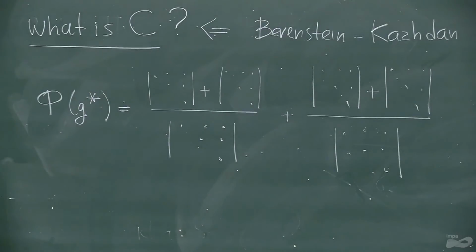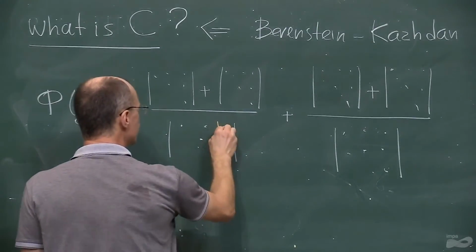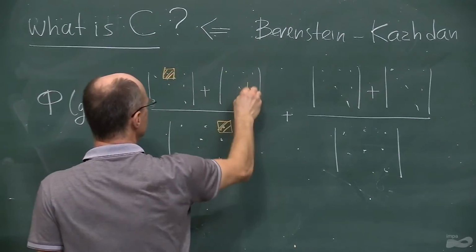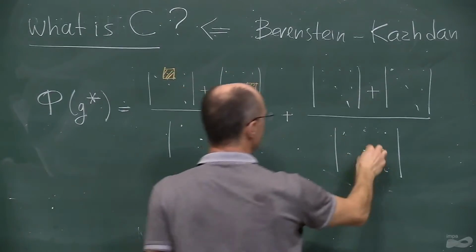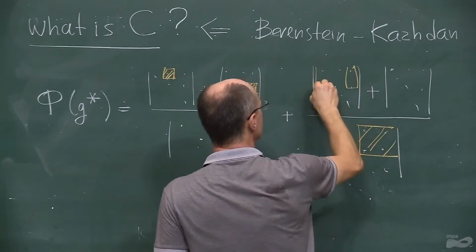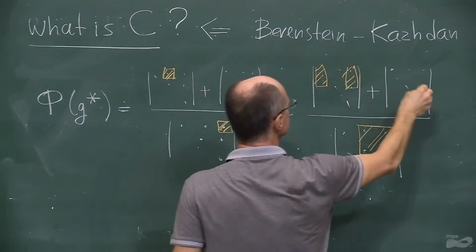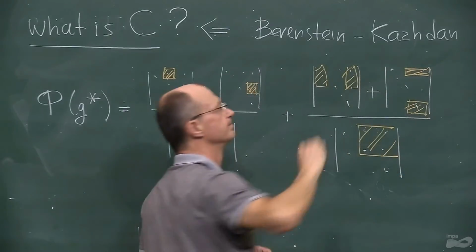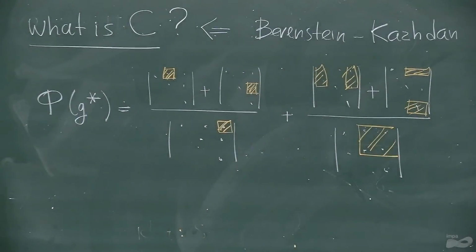So the minors are like this. Here you simply take this matrix element, here this matrix element, here this matrix element. And here you take this corner minor, and here the minor like this, and here the minor like that. So this is a sum of ratios of minors.